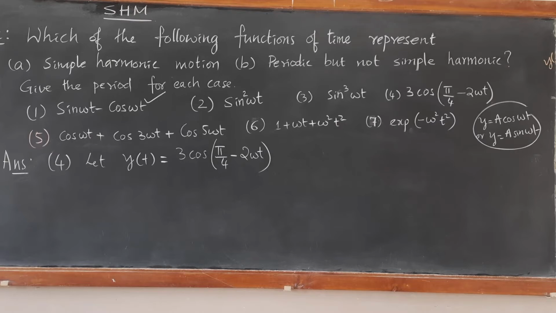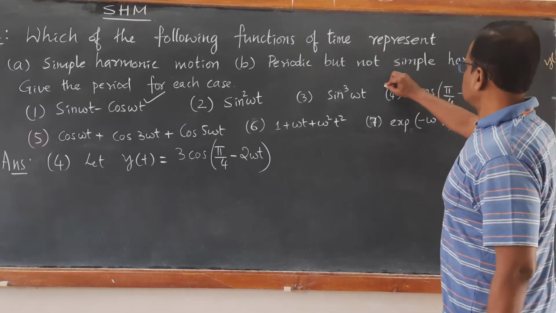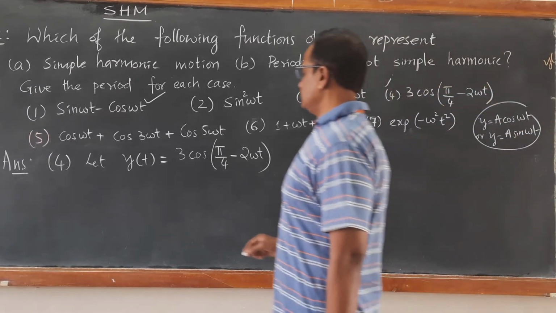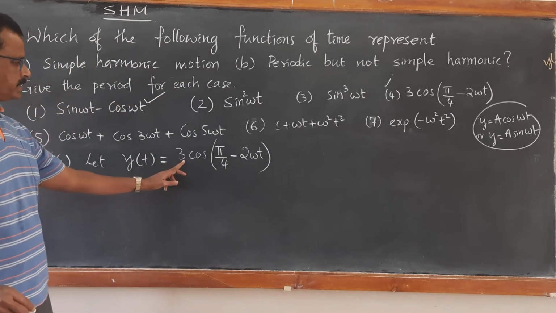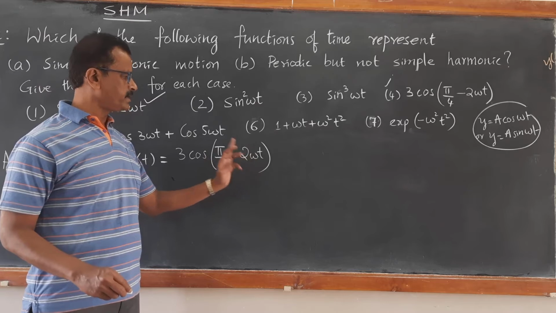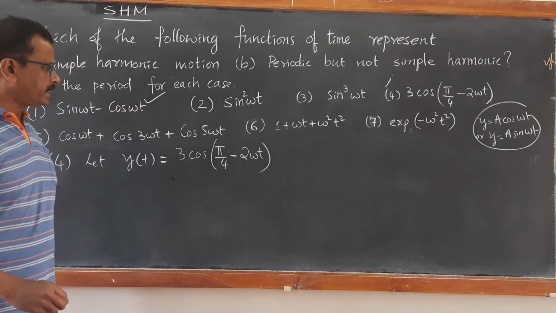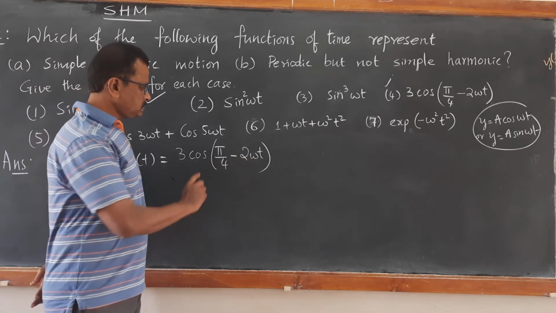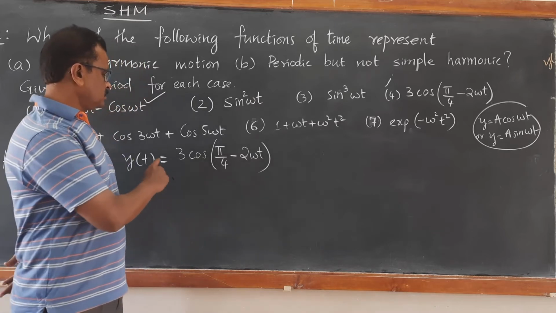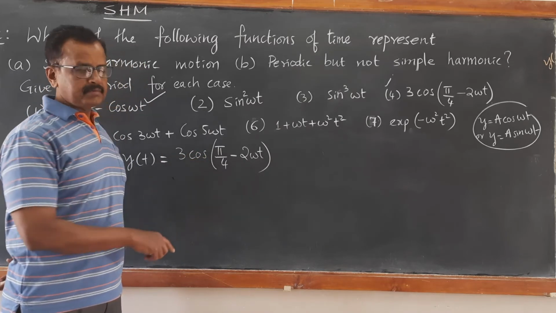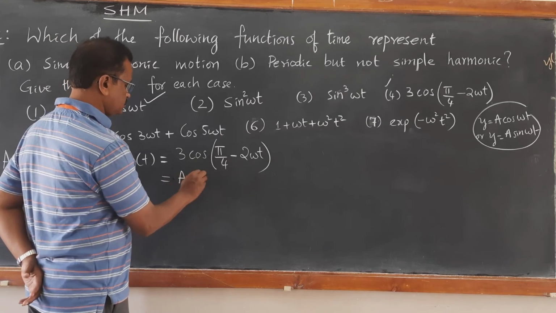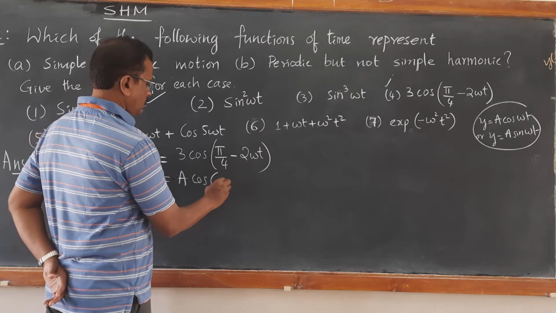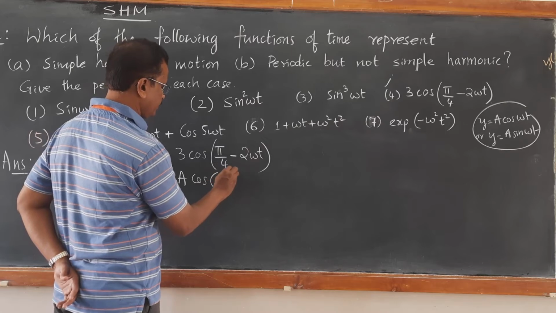Let us look at example number 4. It is y as a function of t equal to 3 times cos of (pi by 4 minus 2 omega t), which can also be written as 3 times cos (2 omega t minus pi by 4). Therefore, it is of the standard form A cos (omega t plus phi).